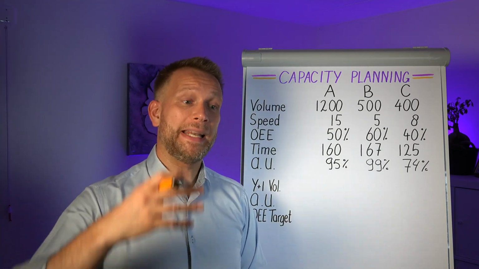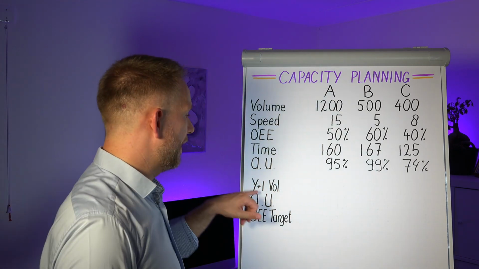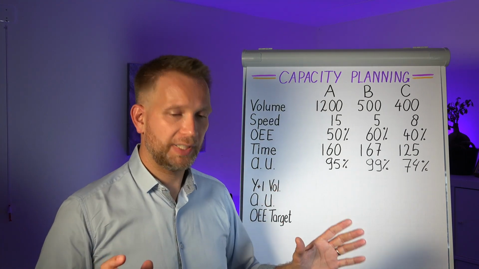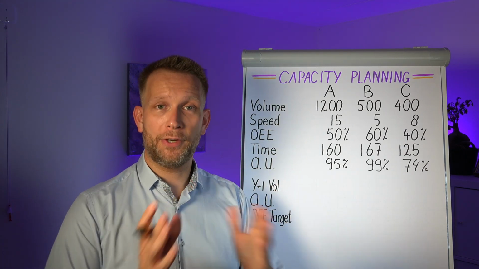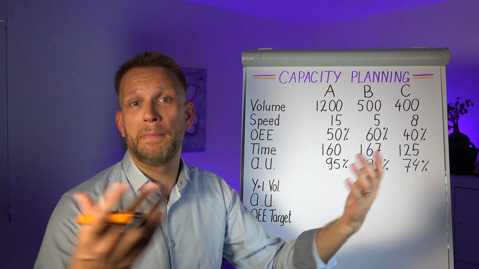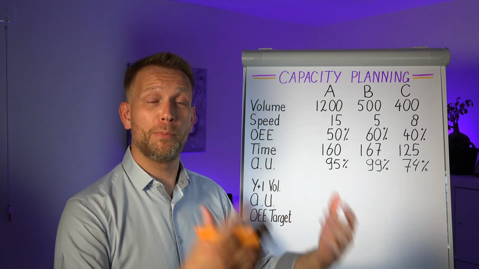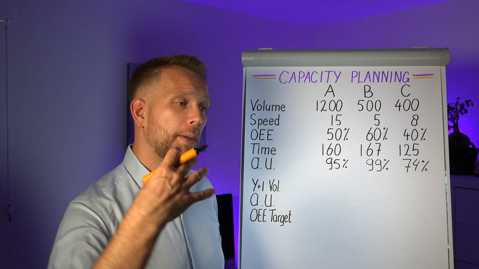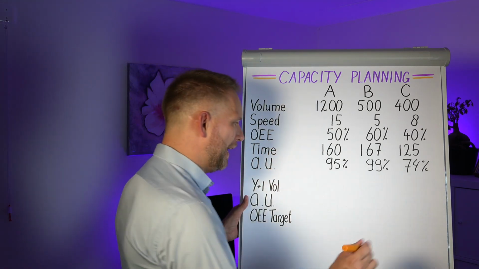When we're making next year's operating plan, we're also going to put in a volume. Now, let's assume that our company is in a great market and next year we expect to sell more product. So the commercial departments are asking of us, please, next year we would like to make 1,400 pieces.